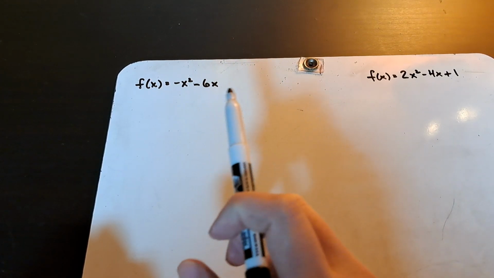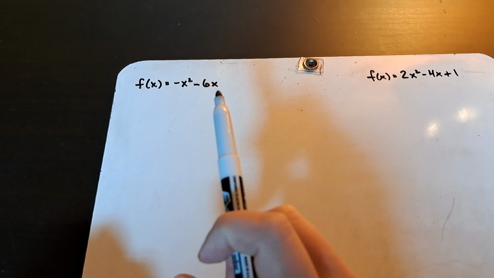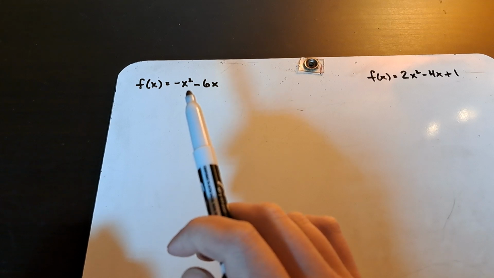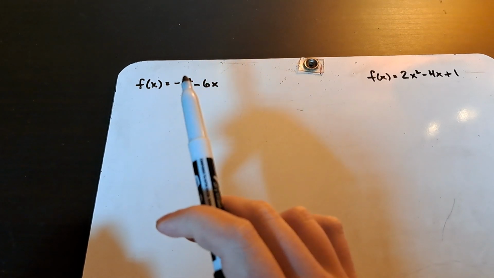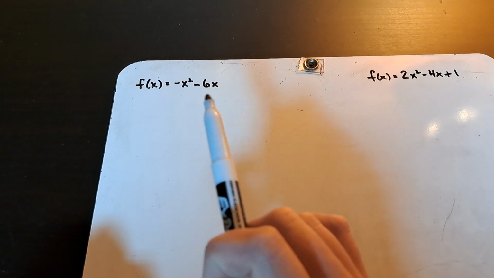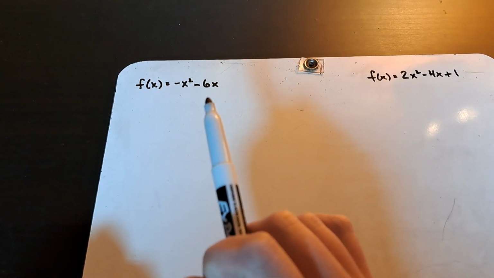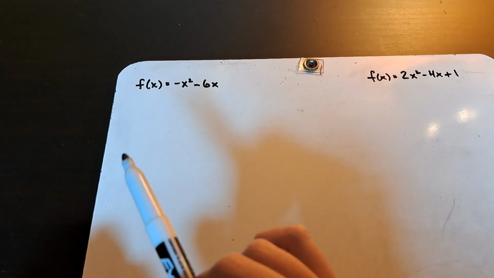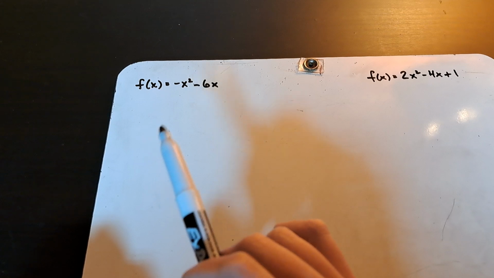Anytime we're working with polynomials, a polynomial is just any sort of algebraic expression that has many terms, and a quadratic function or equation is a polynomial. If we can factor this, we can find where the graph crosses the x-axis, the x-intercepts.